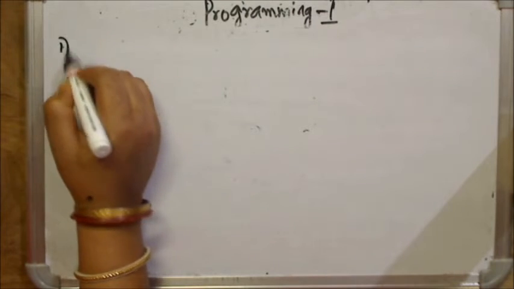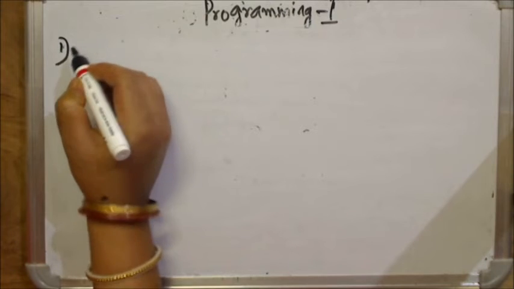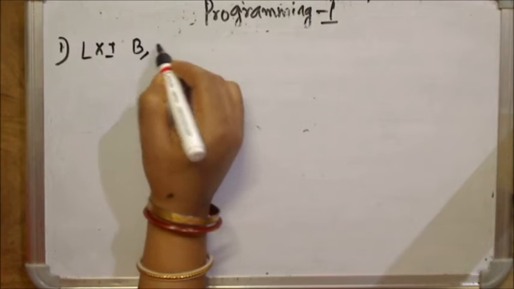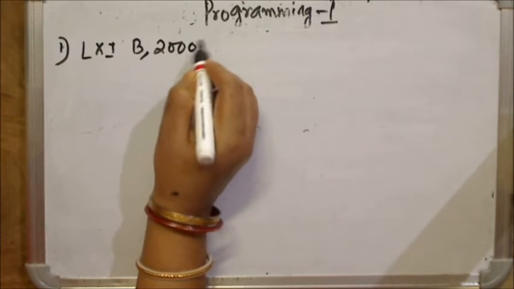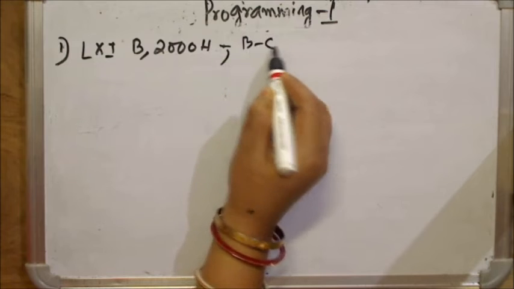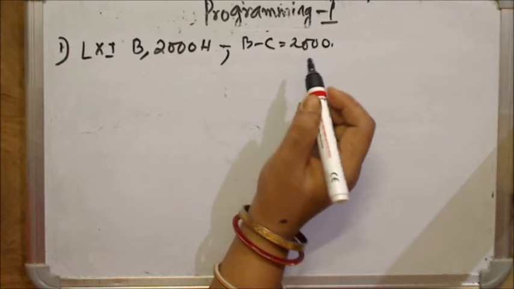Number one. What is the first step? Initialize the BC pair. How to initialize the BC pair? What is the instruction? LXI B comma 2000. So BC pair becomes 2000, right? For BC, 2000 is the data.